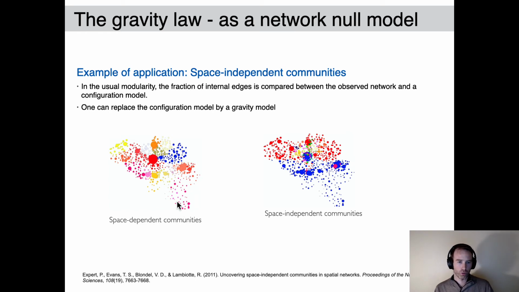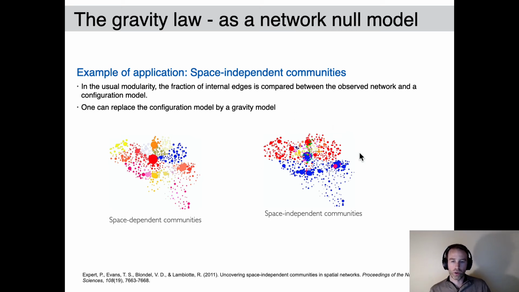They correspond to regions, actually. They are quite close to regions in Belgium. And when they applied the modified version of the modularity, so a modified Louvain algorithm, which is using the gravity model as a null model, then what they observed is something quite different, and they interpreted this as being communities corresponding to the language difference in Belgium.